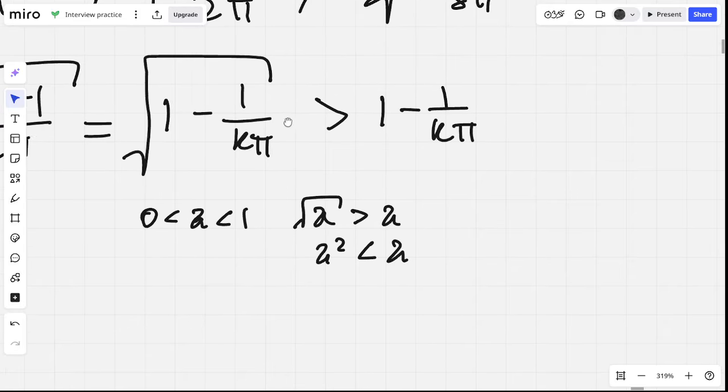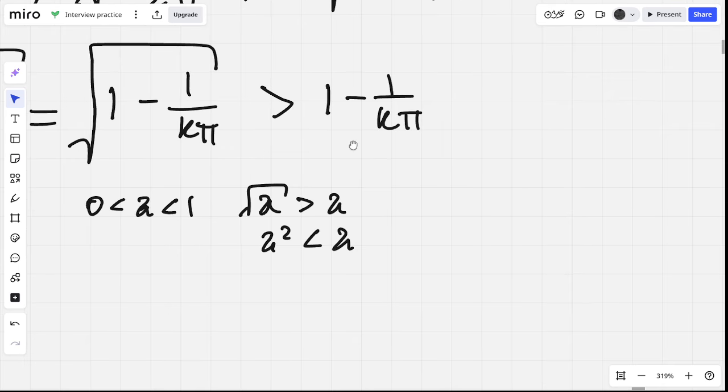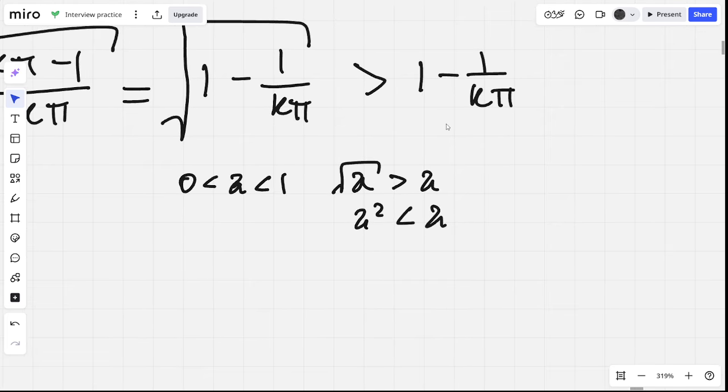And as k pi increases, my square root, the difference between each root is going to decrease. Is that correct? I think I can check that actually. For instance, let's say I have 1 minus 1 over pi.